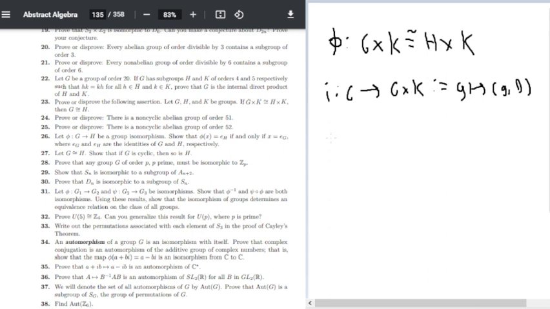And we also have the restriction from H times K to H, defined by (h, k) is mapped to h.